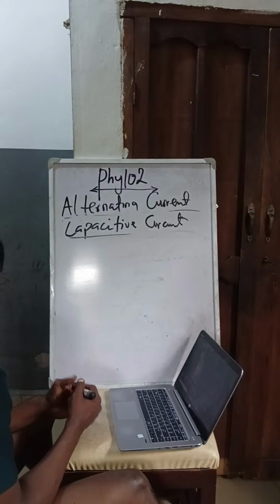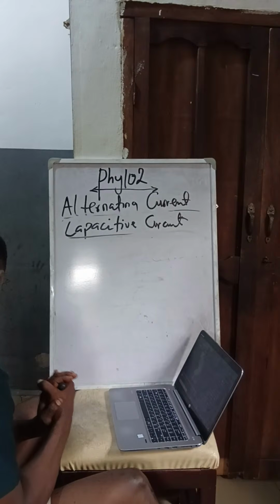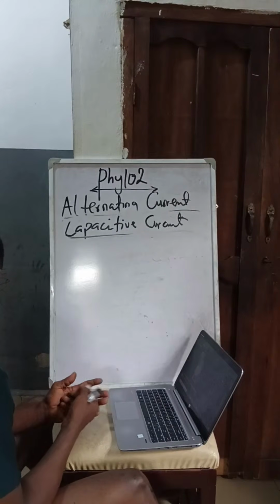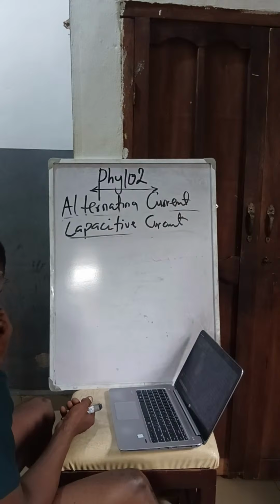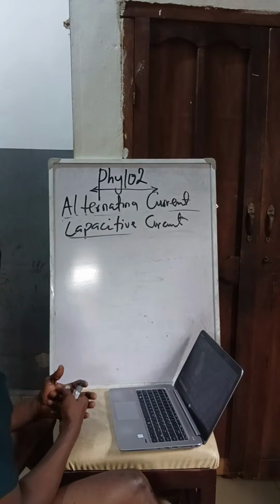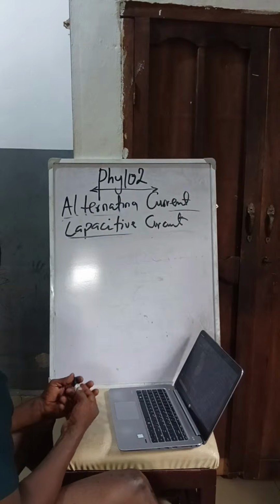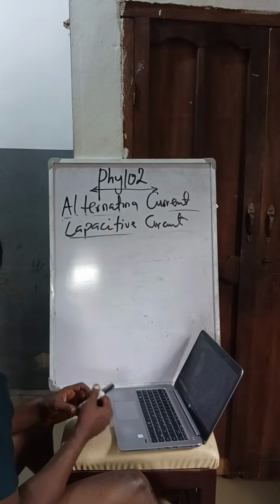Whenever an alternating current is applied to a capacitive circuit, the capacitor charges first in one direction and then in the other direction. So it has charging in two directions. Current leads voltage by 90 degrees. Okay. Current leads voltage by 90 degrees.